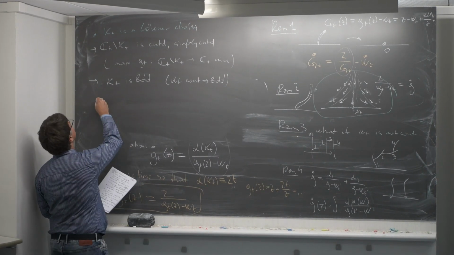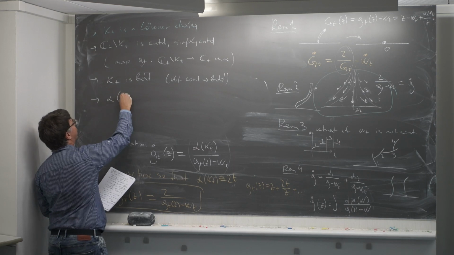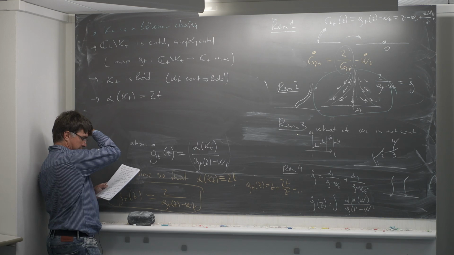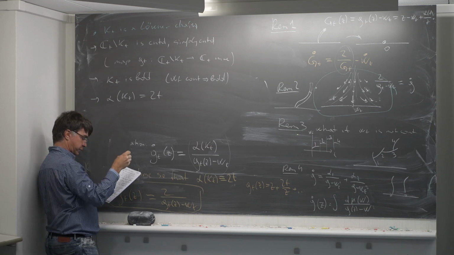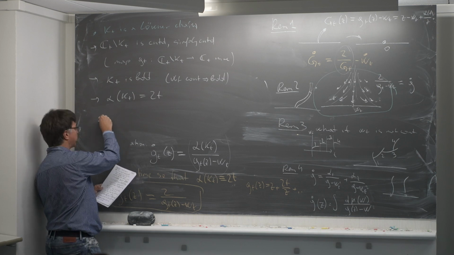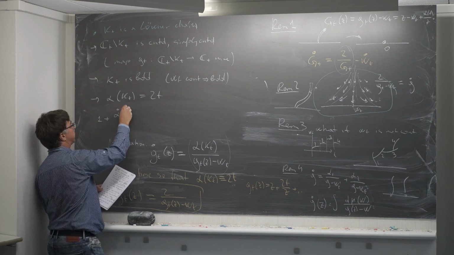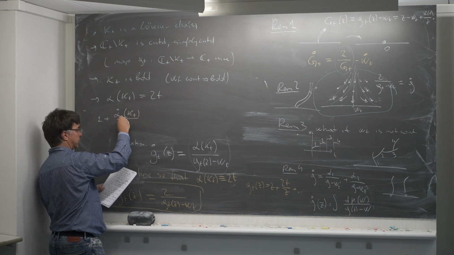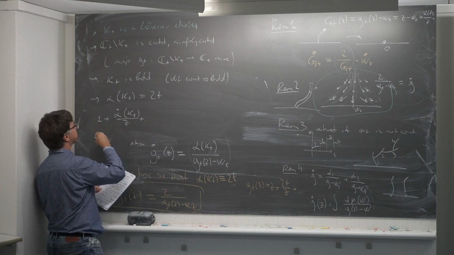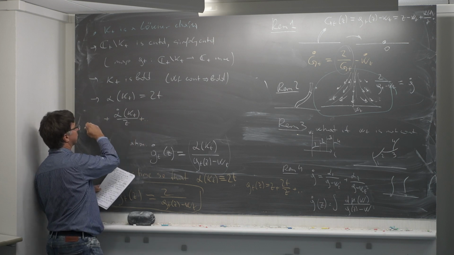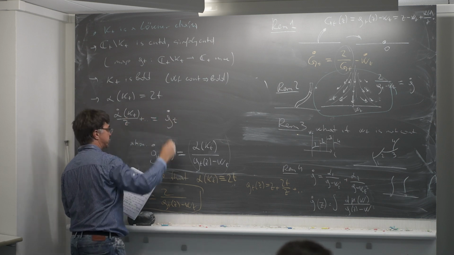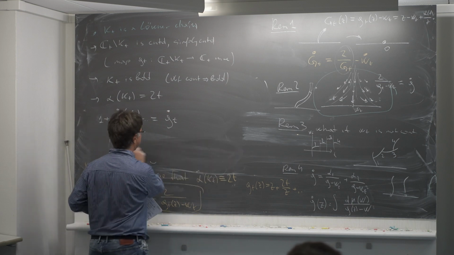Now alpha of K_t is equal to twice t. Why? Because on one hand, we have that 1 plus alpha time derivative of K_t over z plus small order terms is the time derivative of g_t.